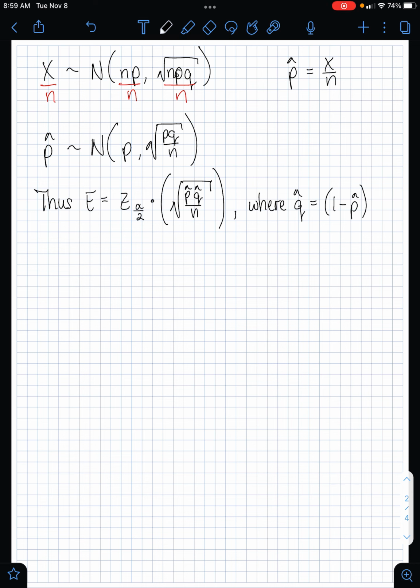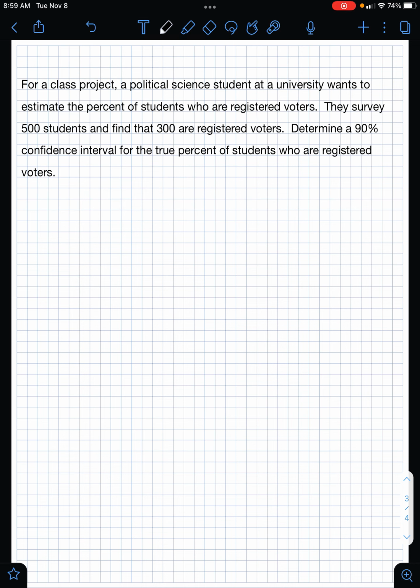Let's take a look at an example here. Suppose for a class project, a political science student at a university wants to estimate the percent of students who are registered voters. They survey 500 students and find that 300 are registered voters. So let's immediately start with this.